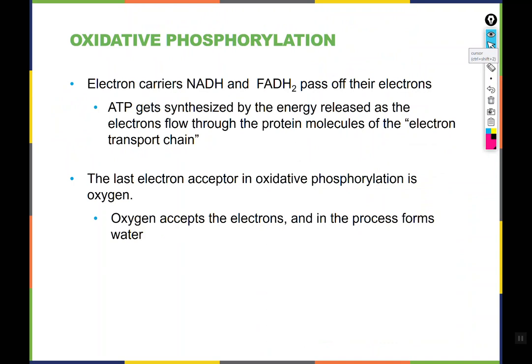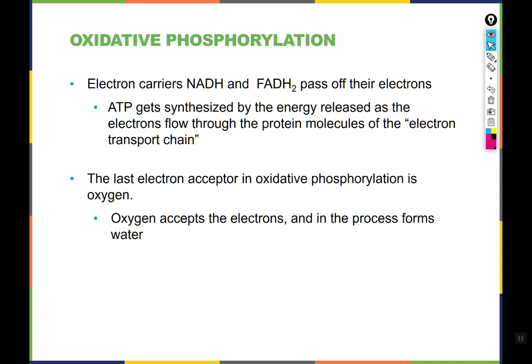So now that we've defined oxidative phosphorylation, we have to talk about what is happening there. So previously, we've been looking at electron carriers picking up electrons from various glucose intermediates and then going away, doing something with them. The something is that they are taking their electrons over to something called the electron transport chain.